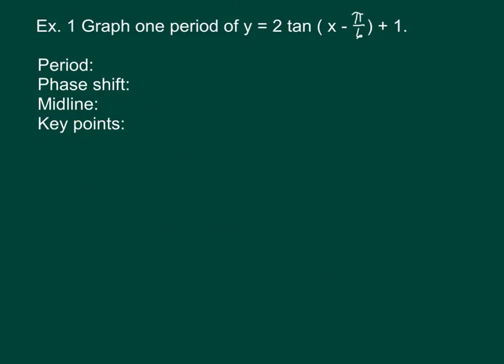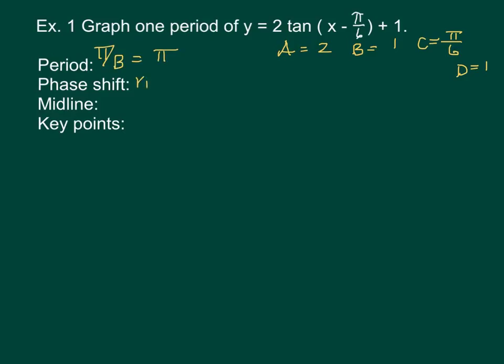This is our first tangent graph, and what I do first is I identify A, which is 2, B is 1, C is positive pi over 6, and my D value is 1. So period is always pi over b, which will be pi.